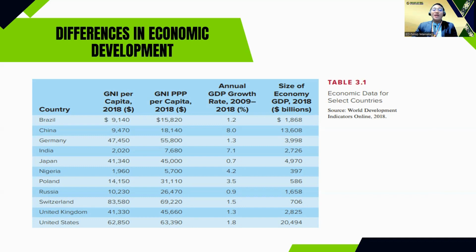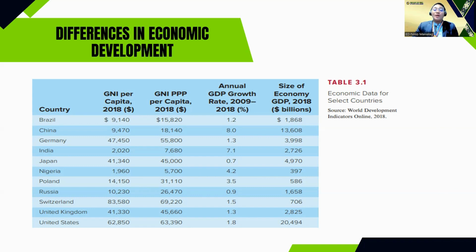Furthermore, Nigeria's GNI per capita is low at 1,960 with a PPP of $5,700, indicating a substantial adjustment for local purchasing power. Its GDP grows at 4.2% annually, with a smaller economy size of $397 billion.